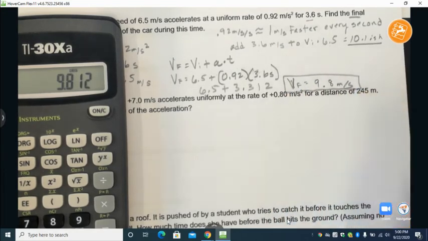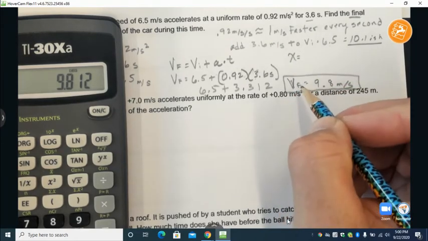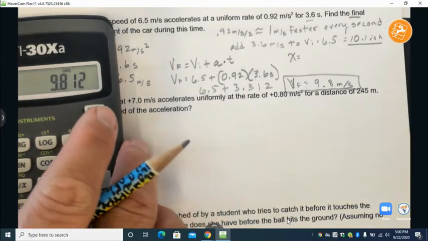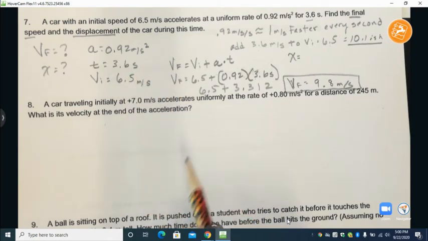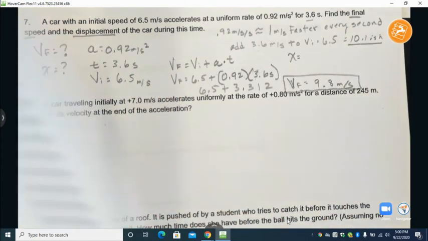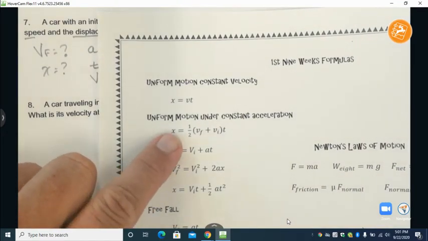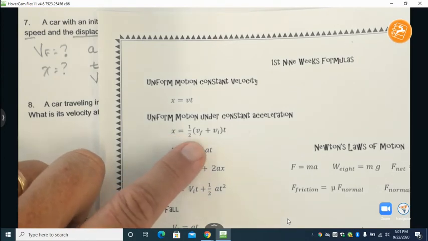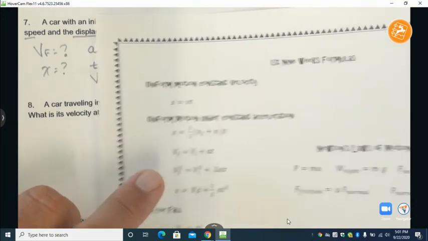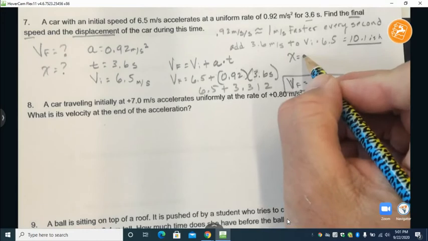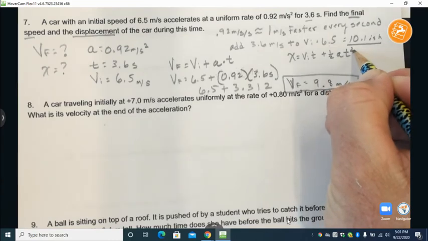All right, so now we need to find our final displacement. And so our displacement formula, we have hopefully enough room to squeeze it in here, is we need a formula that says x equals, with the acceleration, the initial velocity, and the time that's occurred. So again, we're going to choose formulas from our uniform constant motion under acceleration. And we have this equation at the top that says x equals, but it does not have a. So we have this formula down here at the bottom, and it does have acceleration and time in it. So our expression is going to be initial velocity times time plus 1/2 a t squared.